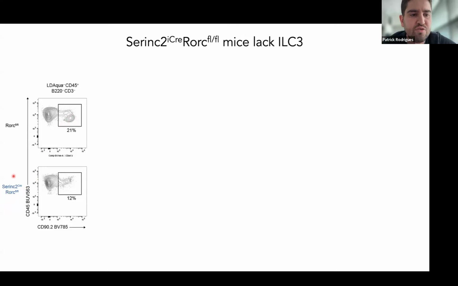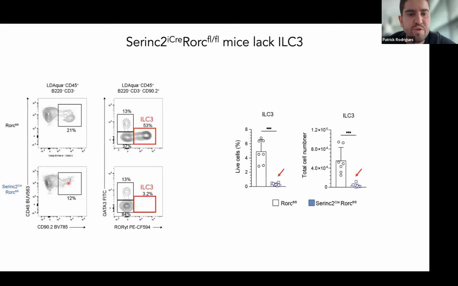However, in our Serine-C2 mice, which are Cre positive, you completely lack this population. We further validated that by gating specifically on GATA3 as well as RORγt, and you can clearly see that the ILC3 compartment, highly abundant in the wild type, is completely absent in the Serine-C2 Cre mice.